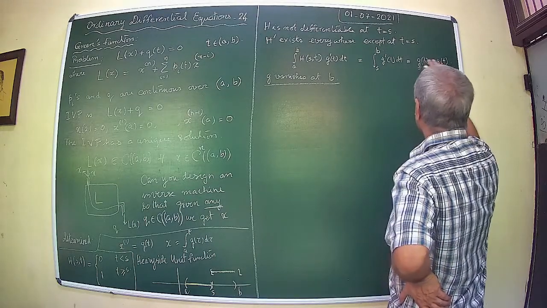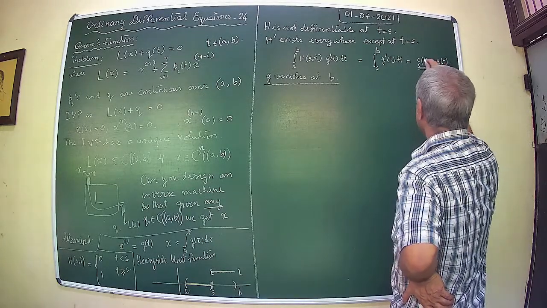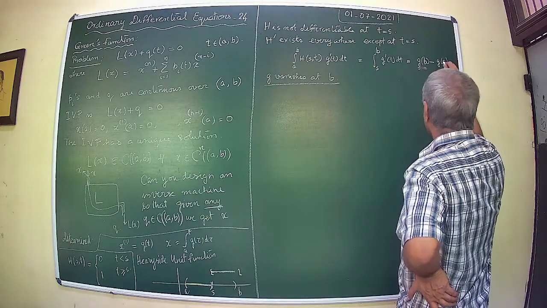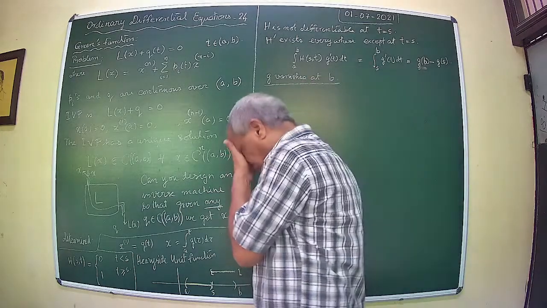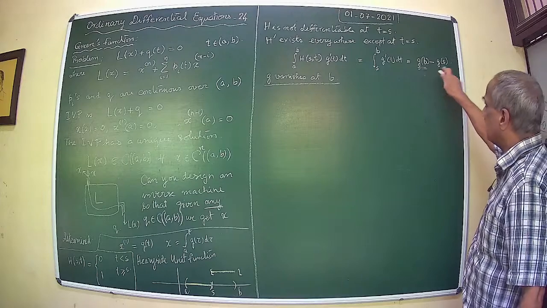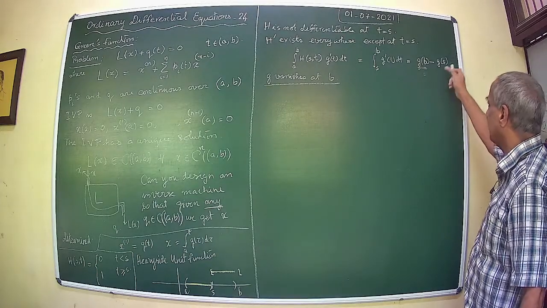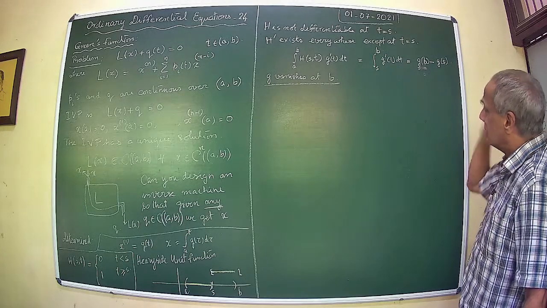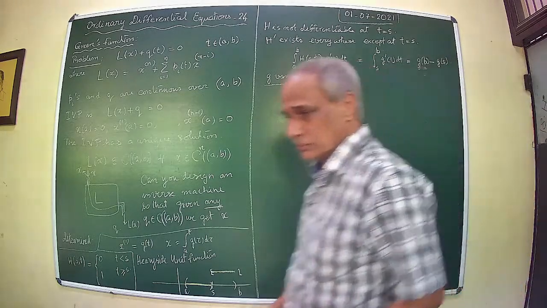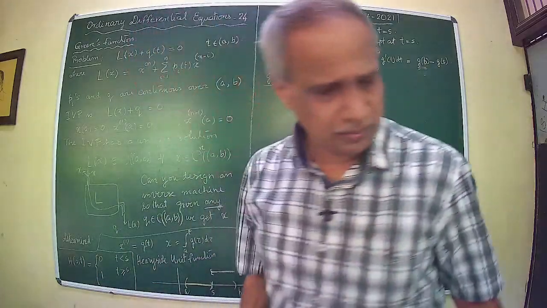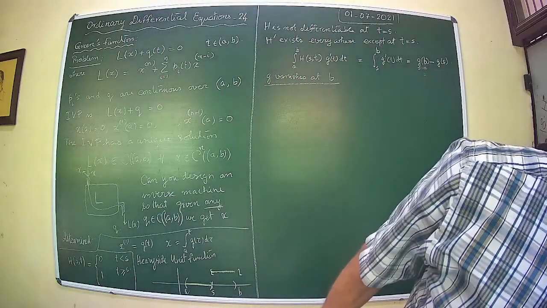What is it? g(b) minus g(s). So g(b) is a constant, and it doesn't matter. When you differentiate it, this constant won't come into the picture at all. This we observe. Now we don't need this assumption, so we shall drop that. It's not necessary at all.